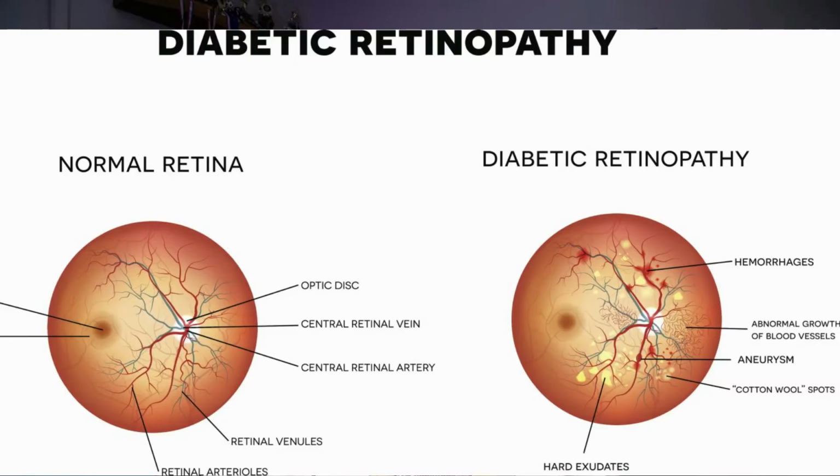Diabetic retinopathy occurs when diabetes mellitus interferes with the flow of blood to the retina, causing it to degenerate. Diseases of the cornea are the second leading cause of blindness in our country.